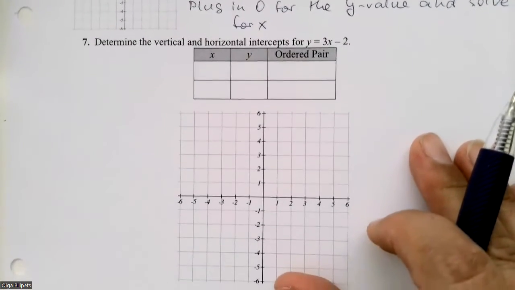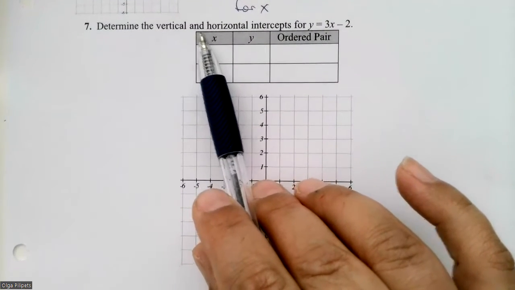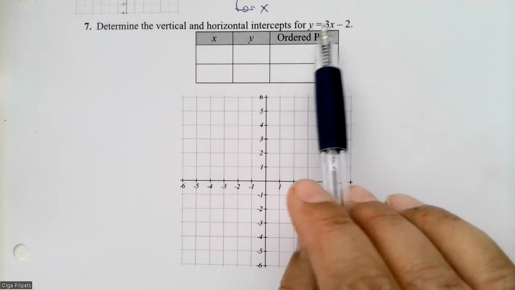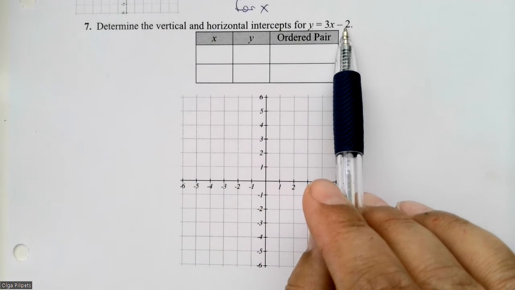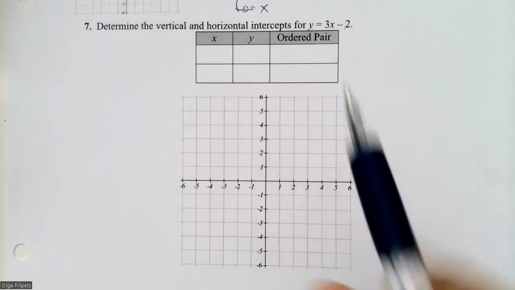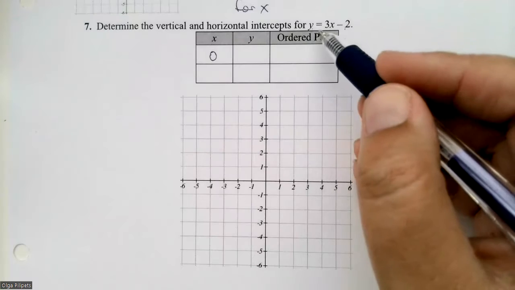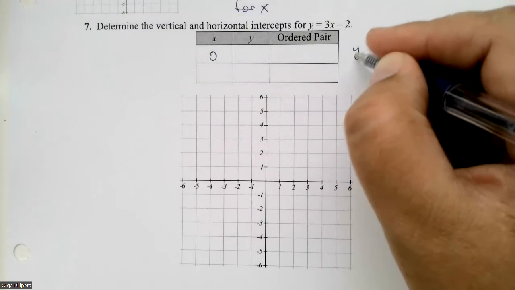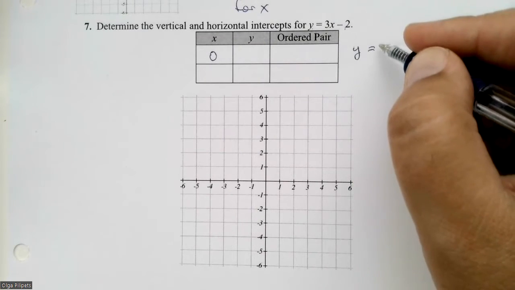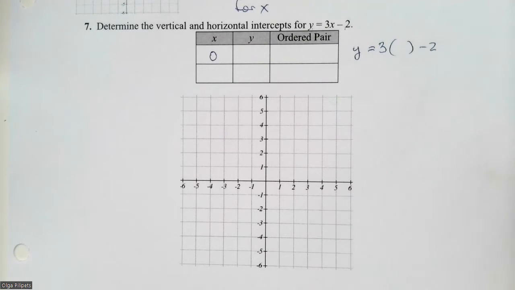Now let's go to the practice. Here we have example 7, which says determine the vertical and horizontal intercepts for this equation. Okay, so remember to find the y-intercept, we put 0 in for x. So our equation becomes y equals 3 times x minus 2. That's our formula.